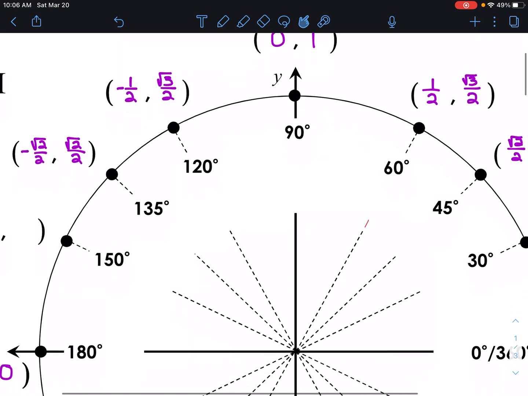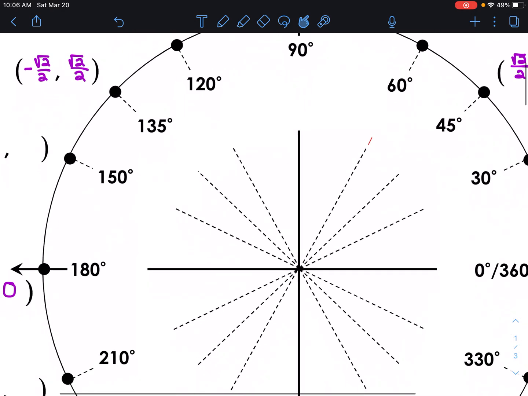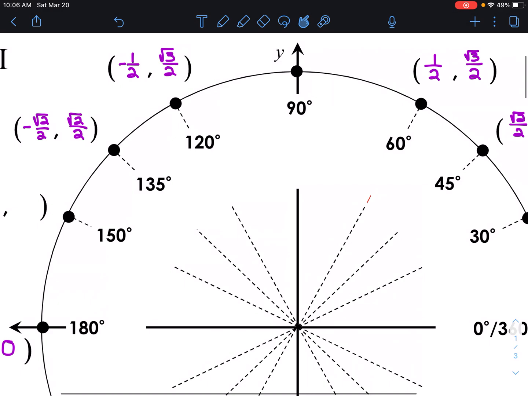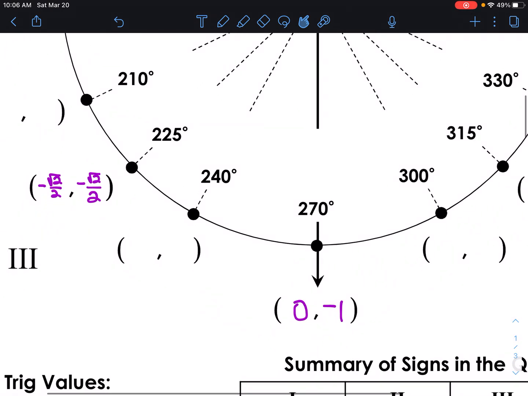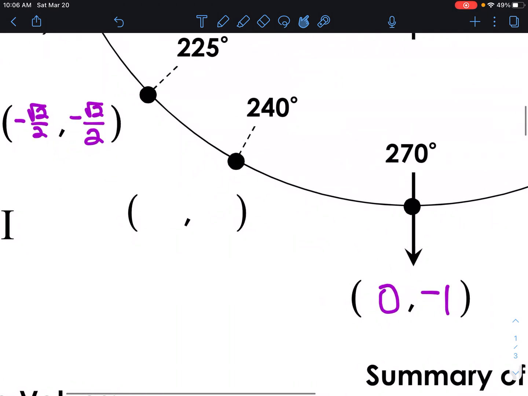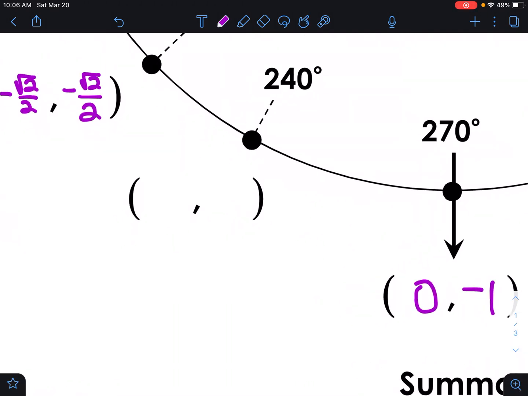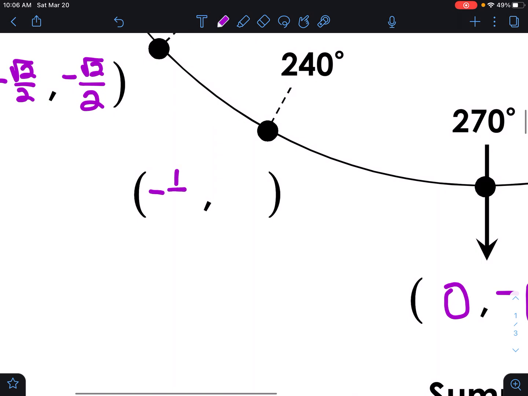So now if I go down here, in quadrant 3, they're both going to be negative. So I'm going to reflect across. So down to 120, this is going to be 240 is the one I'm going to look at. So this would be negative 1/2, negative square root of 3 over 2.